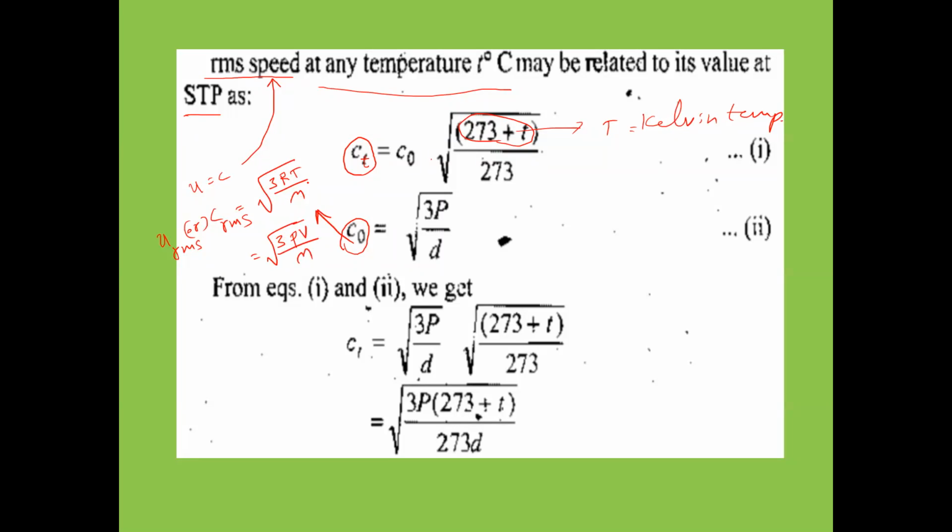In place of PV, we can take RT, so 3PV or 3RT.